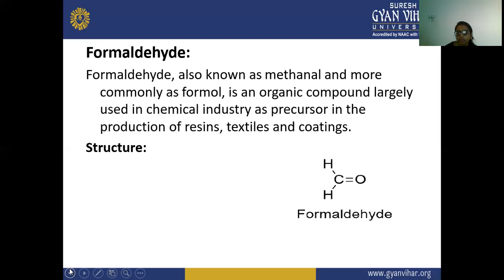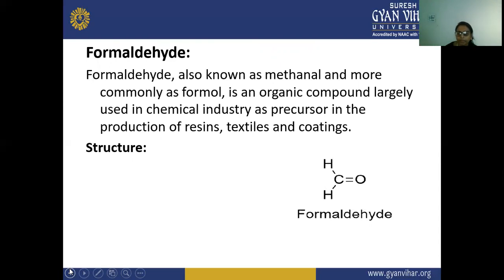It is an organic compound largely used in the chemical industry as a precursor in the production of resins, textiles, and coatings. It is known as methanal because it contains only one carbon atom, that is the meth, and al is for the aldehyde group attached to this carbon atom. That is why it is known as methanal, and it is also known as formol.